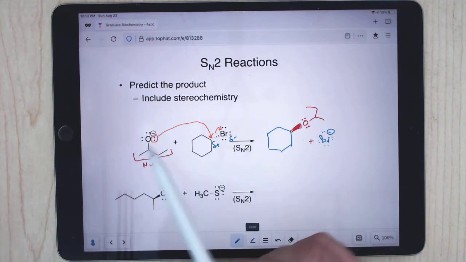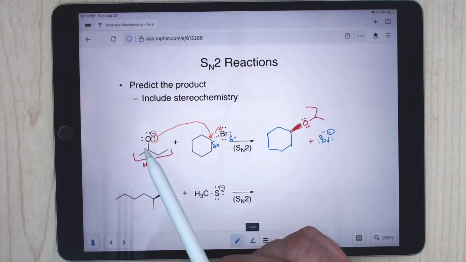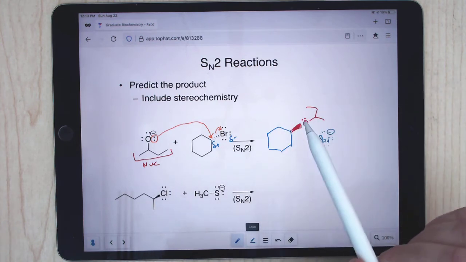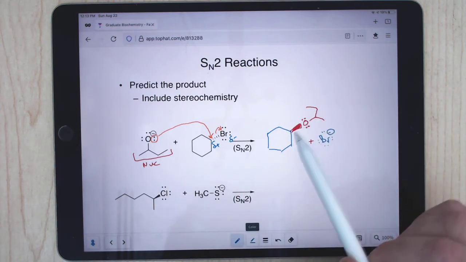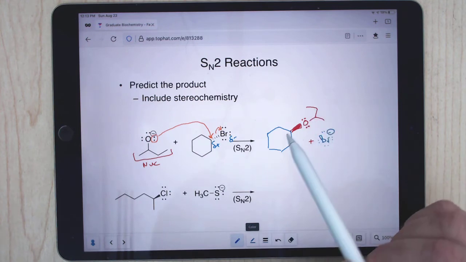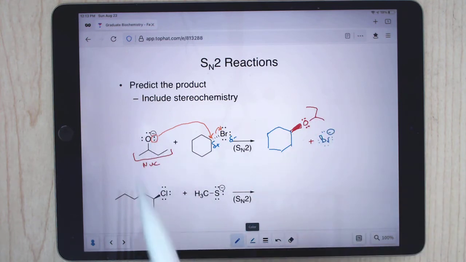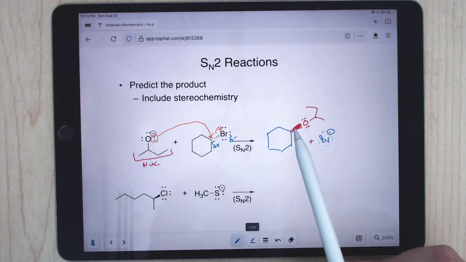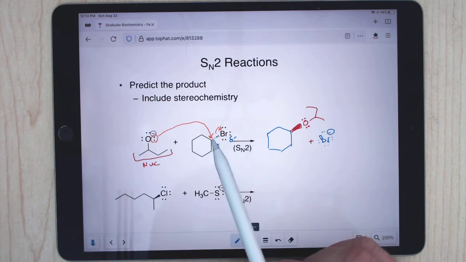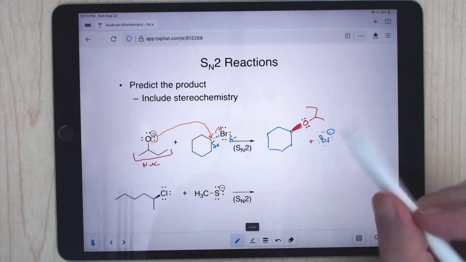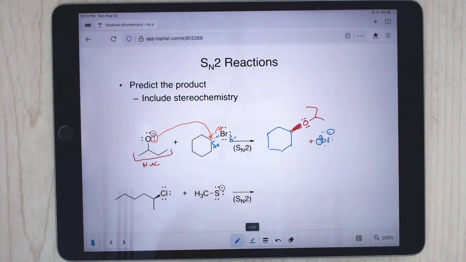Now, nothing happened to this carbon-oxygen bond, so the whole thing comes in and just bolts right in. So here's our full nucleophile, and all we did was use one of these sets of lone pairs on the nucleophile to make a new bond to that carbon. The two electrons on the dash there became this new set of lone pairs here.